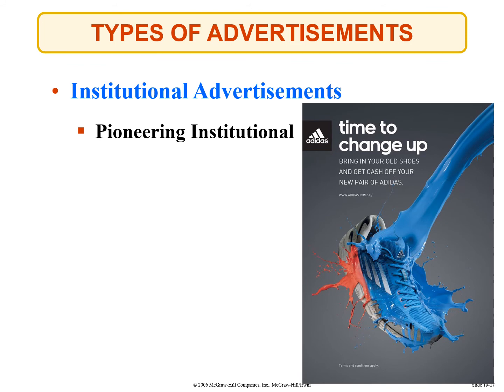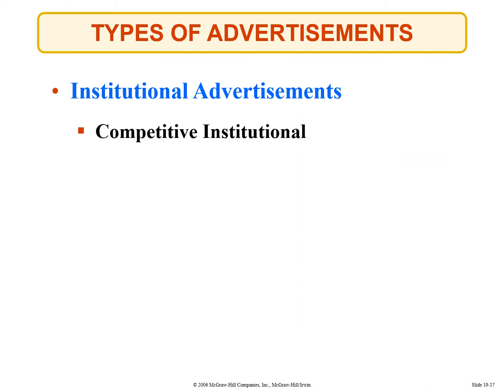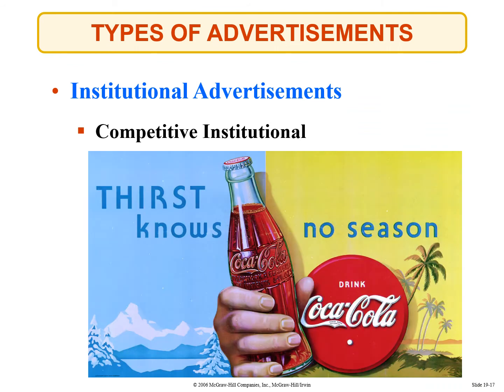Time to change up. So that's information that they want to provide to the consumers about the organization, about some changes that they have made, or some news that they have to tell the consumers, and not really about the features and benefits of the specific products. So that's pioneering institutional.